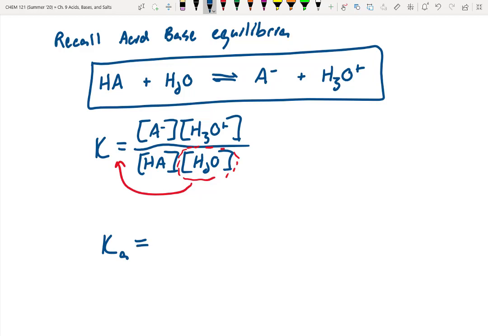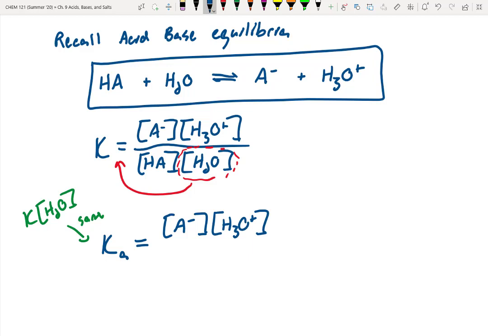So Ka is the same thing. Let me even make a note down here. This is equal to K times the concentration of H2O. So these are the same. And Ka is going to be equal to the concentration of A minus times H3O plus over HA.